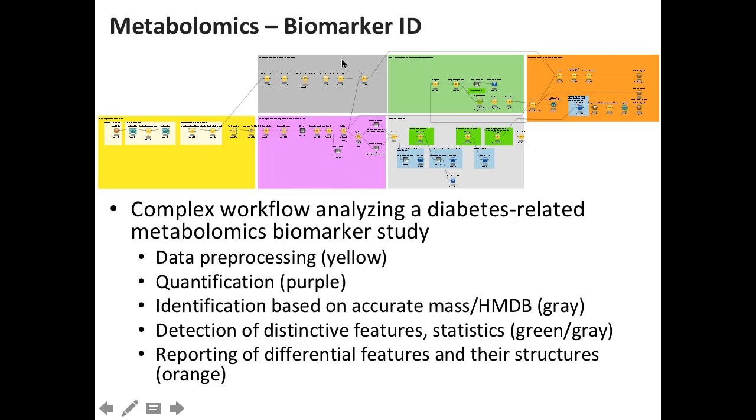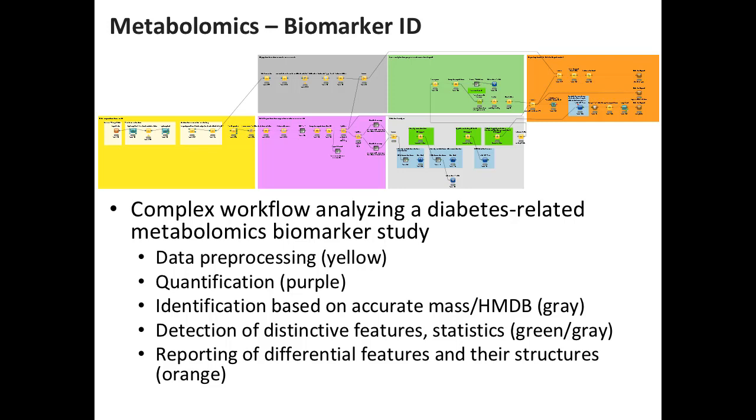We have identification based on accurate mass and database search up here in gray. That's what we will discuss in more detail tomorrow, how that works. And then we have various downstream statistical analyses, machine learning tools that were used, visualization that was used to really distinguish what we see.